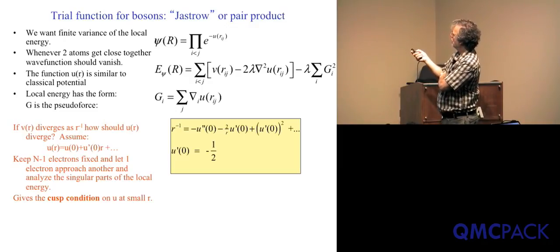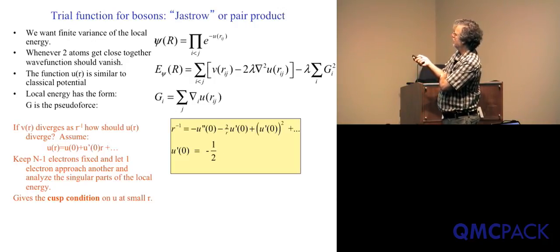Why do you have these two terms? That's because you have an exponential here. When you take the first derivative, you pull down a u. You take the second derivative, you have two terms: this term and that term. Now, v of r diverges as 1 over r. How should u of r diverge?